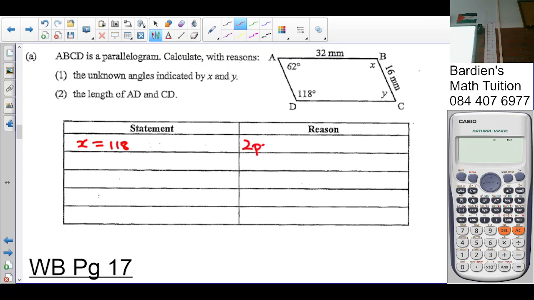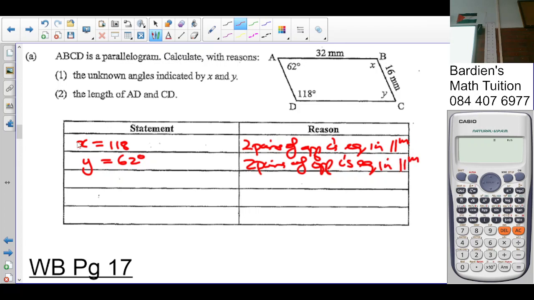Two pairs of opposite angles equal in parallelogram. Now what? y is equal to 62. Two pairs of opposite angles equal in parallelogram. Right, next.